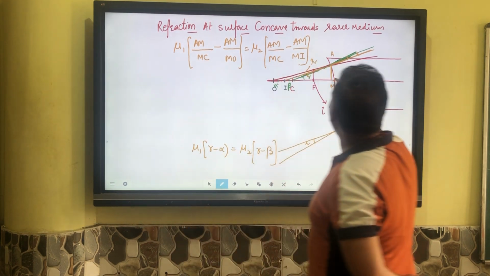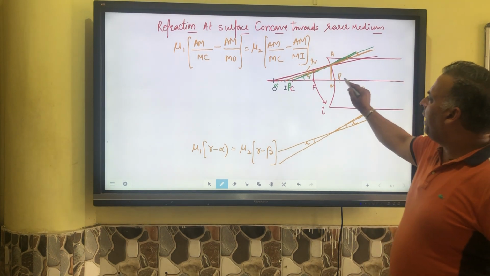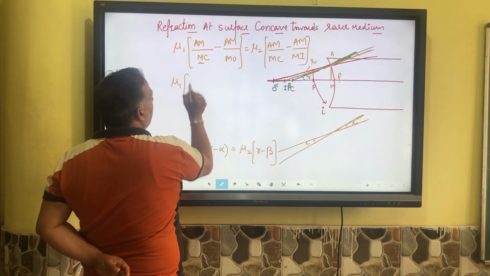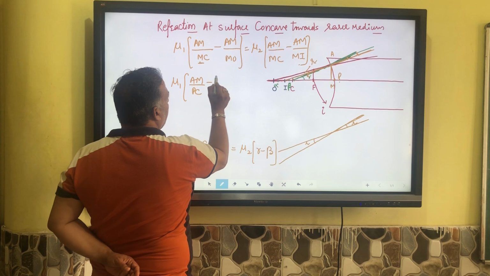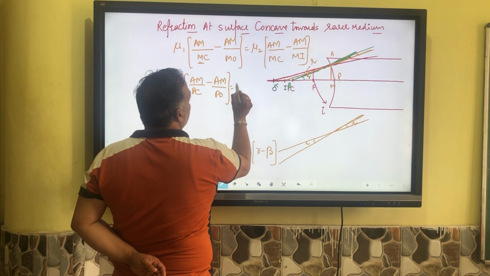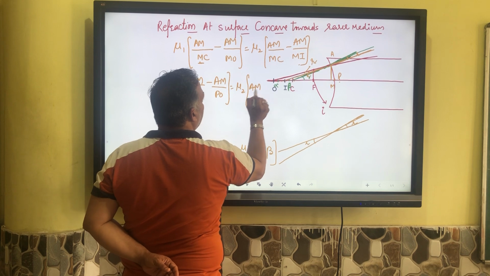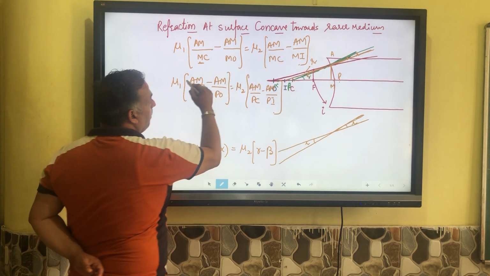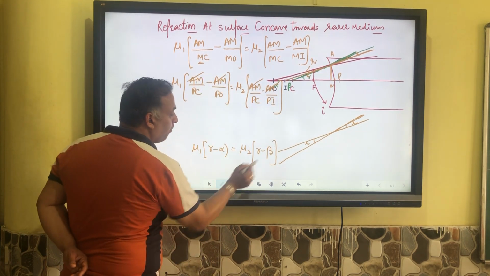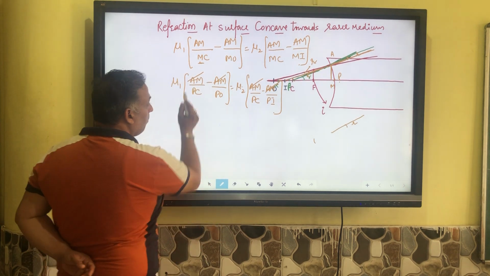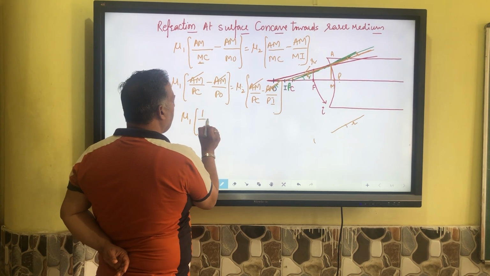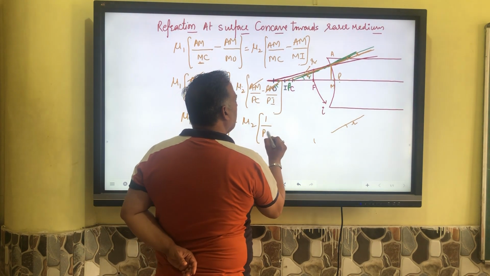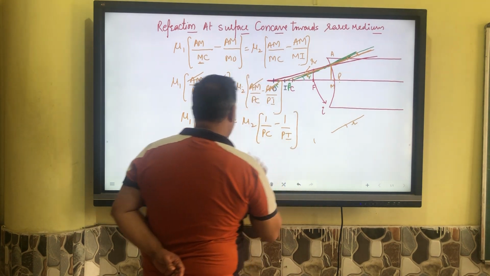All the distances are measured from the pole, so M is very near to P. So instead of MC, you can put PC. So mu1 (Am upon PC minus Am upon PO) equals mu2 (Am upon PC minus Am upon PI). Am cancels out in all the cases. So this is mu1 into (1 upon PC minus 1 upon PO) equals mu2 into (1 upon PC minus 1 upon PI).